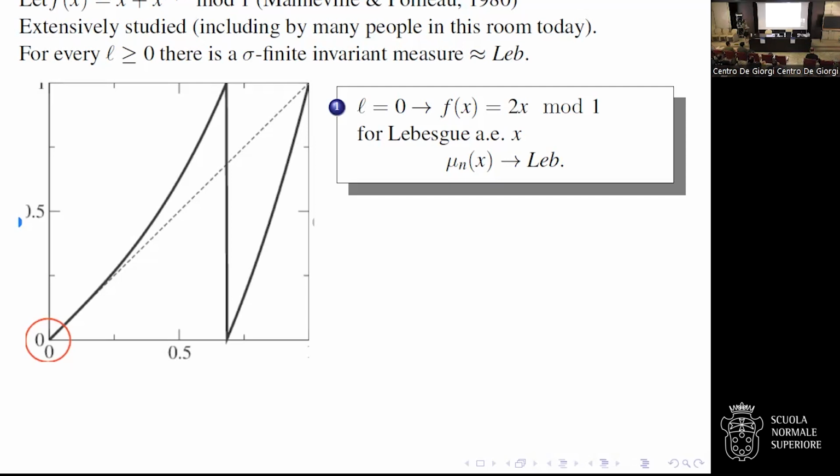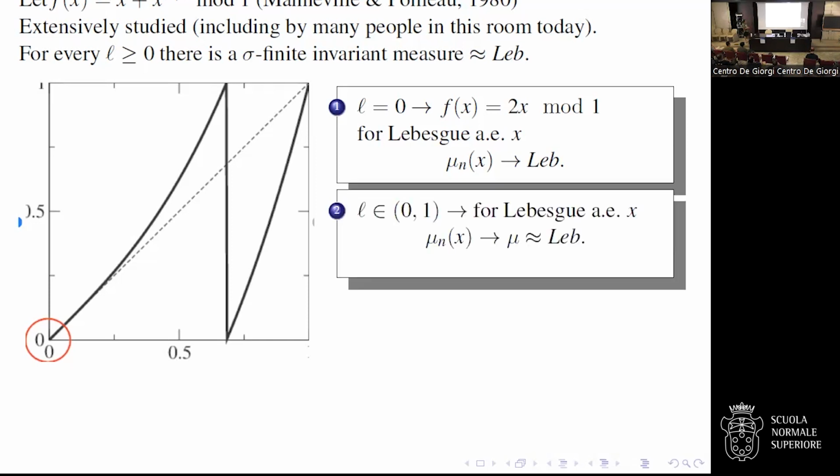And we all know that for Lebesgue almost every point, these statistical averages converge to Lebesgue itself. So Lebesgue is the physical measure, and for almost every point the statistics converge to that. For L between 0 and 1, we have that for Lebesgue almost every point, the Dirac averages converge to a measure that is equivalent to Lebesgue, not equal to Lebesgue.